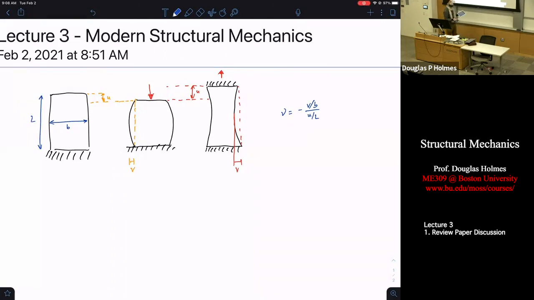And typical materials do exactly this. You push on them, they get fatter. You pull on them, they get skinnier. Usually it's in all three directions. Until about 20 years or so ago, this was all we really talked about with materials. And then people started to realize that if you push on foams, you get a different behavior. Another material that's a little bit strange is cork.